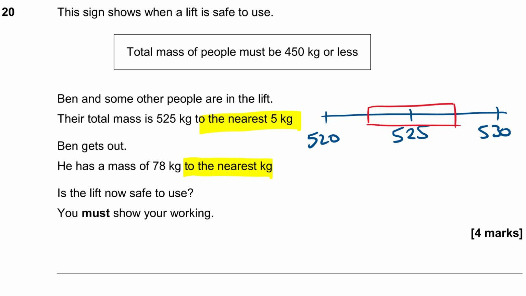So anything less than halfway between those two numbers is going to round to 525. So what is halfway between those two numbers? Halfway between 520 and 525 is 522.5. So that's going to be my lower bound, and my upper bound is going to be halfway between 525 and 530, which is 527.5.